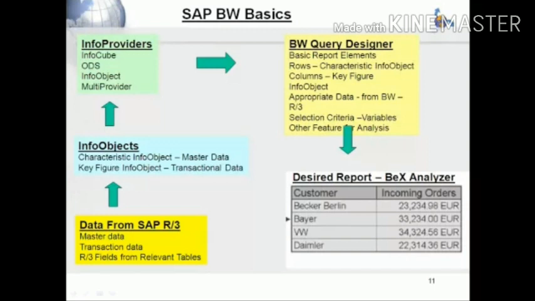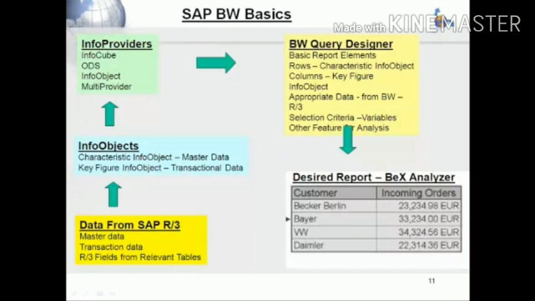Here the data from SAP R/3 includes master data and transaction data, and R/3 fields from relevant tables. In info objects there are the characteristics of info objects and master data, key figures info objects, and transactional data. Info providers give the info cubes, ODS and info object multi providers.